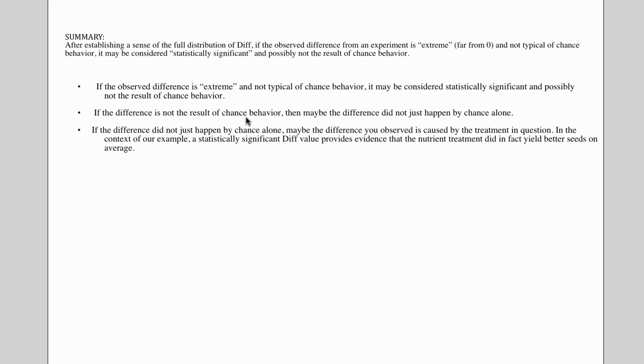If the difference did not just happen by chance alone, maybe the difference you observed is caused by the treatment in question. In the context of our example, a significant difference value provides evidence that the nutrients did in fact yield better seeds on average.